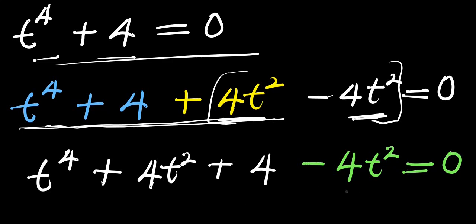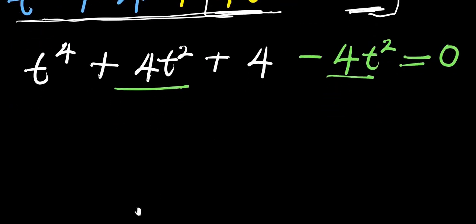Now, as far as there is this minus 4t squared here, and there is plus 4t squared here, everything still boils down to this particular equation. Because if you cancel these two out, you still get the original problem. So, what we are going to do again is to factorize this. This is t power 4 plus 4t squared plus 4.